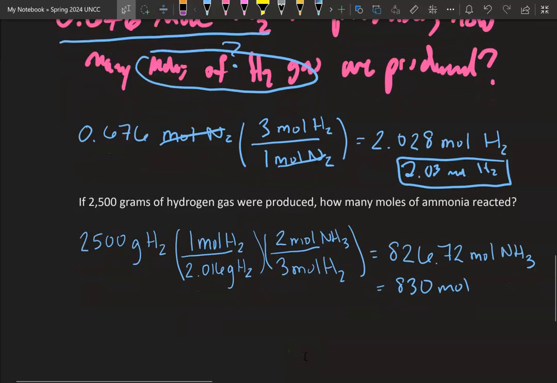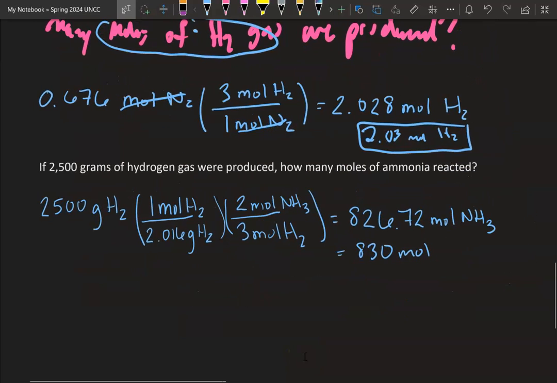Okay. Now I want to go ahead and just pull up this last one since it's here, and that way it's on the board. So this is where you're given grams, and we have not done one yet that pertains to grams. So we're given the grams of hydrogen gas. We're asking how many moles of ammonia are going to react.